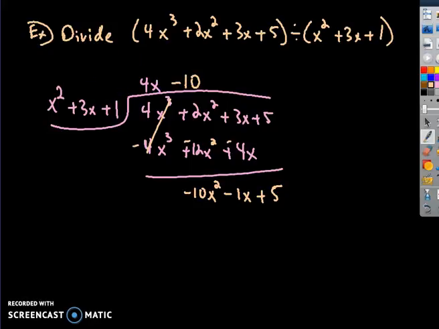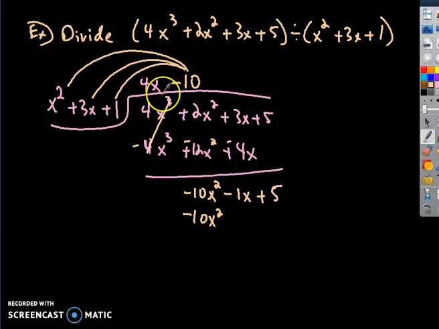I got rid of it because now I'm going to distribute negative 10 to each number: the first one, the second one, and the third term. So negative 10 times x squared is negative 10x squared. Negative 10 times positive 3x is negative 30x. And negative 10 times 1 is negative 10.